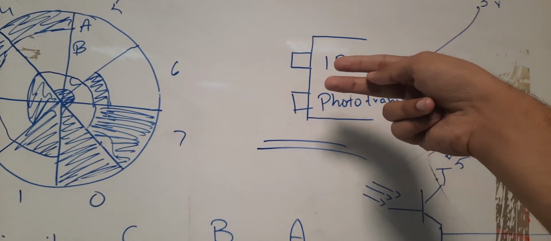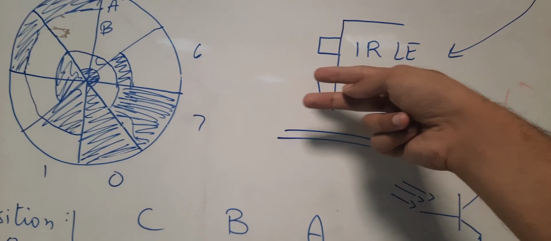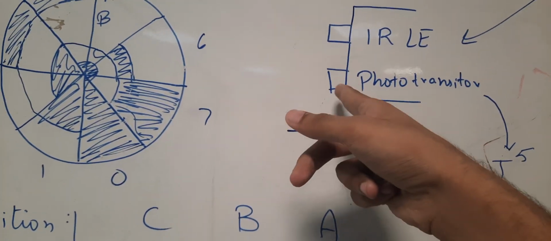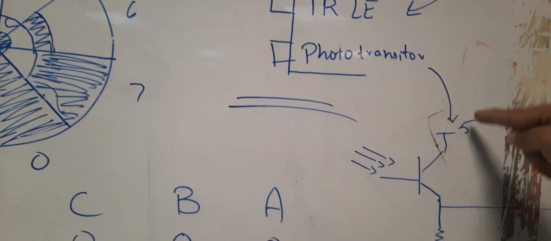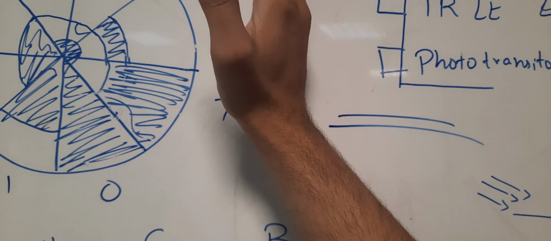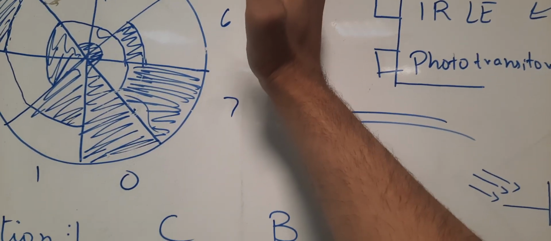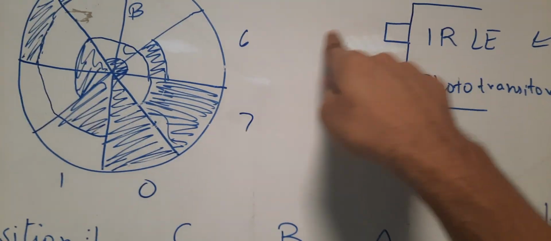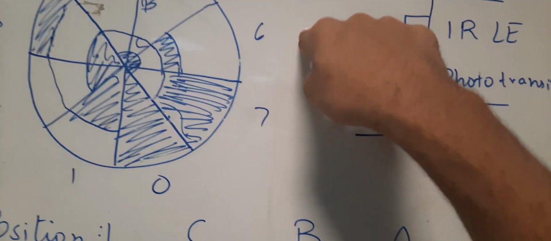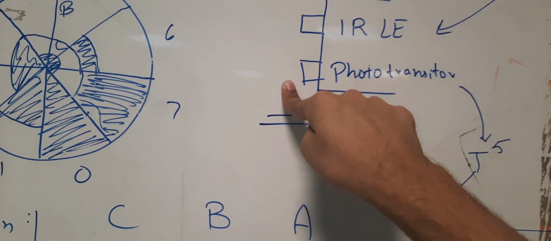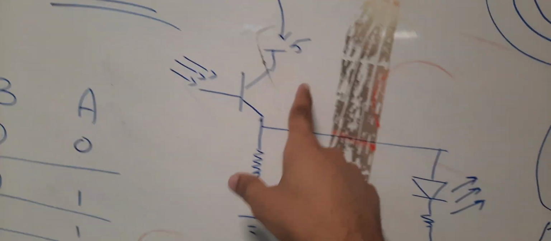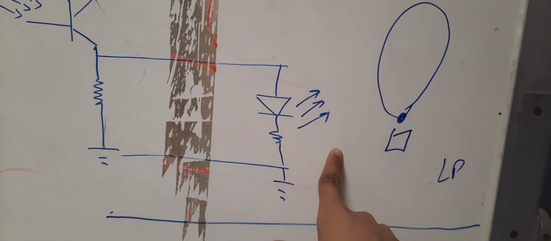When the object or the disc cuts the field of the IR sensor, the LED will glow, because the IR radiation will reflect back to the phototransistor, which becomes conductive and the LED begins to glow.